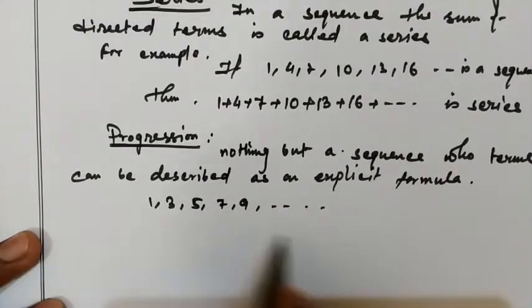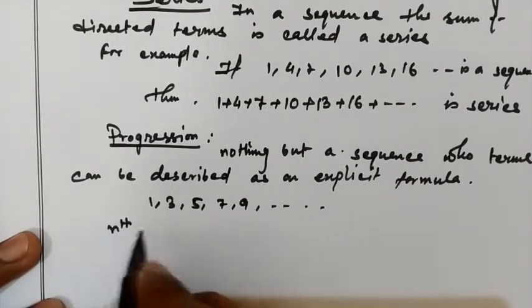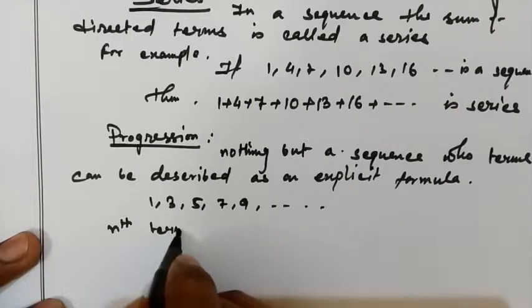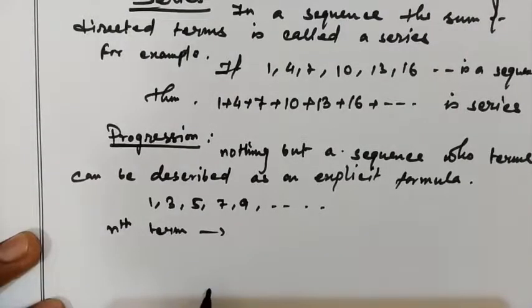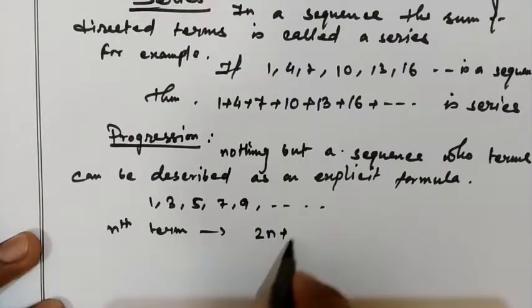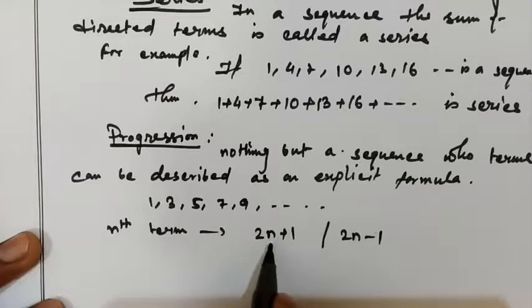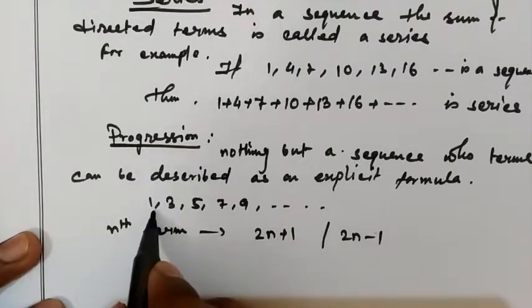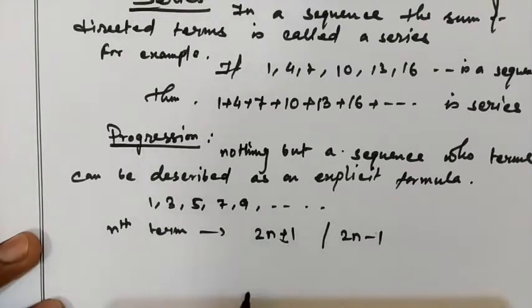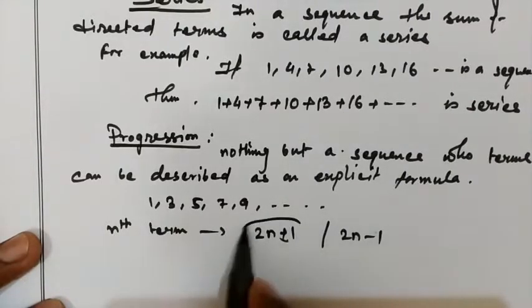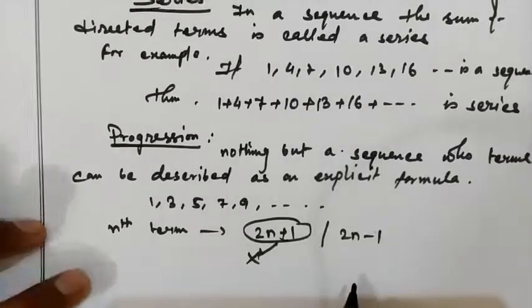The nth term can be written as 2n plus 1 or 2n minus 1. If you put n equal to 0, then the first term is 1. But actually this is not true. Do you know why? I'll tell you.